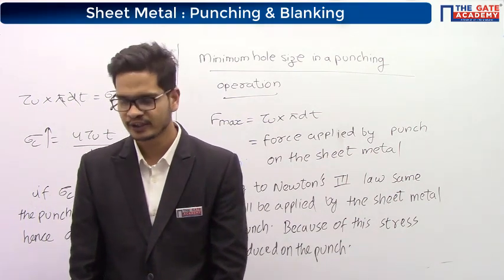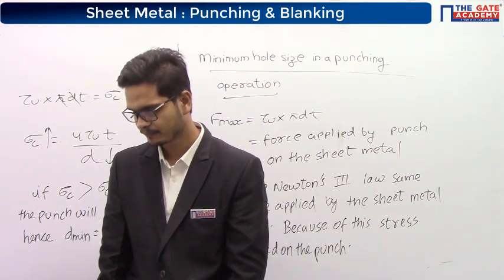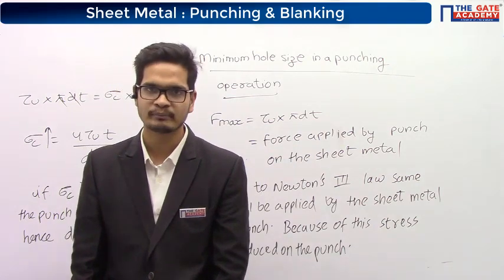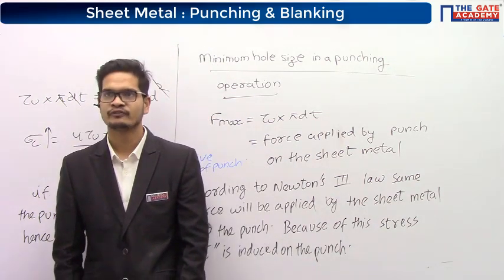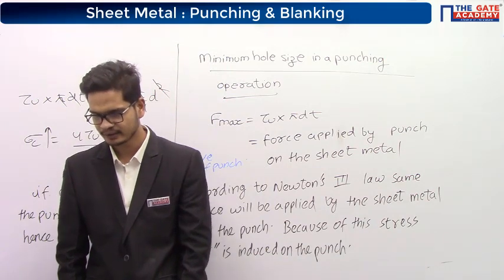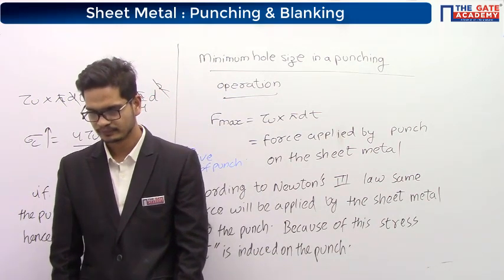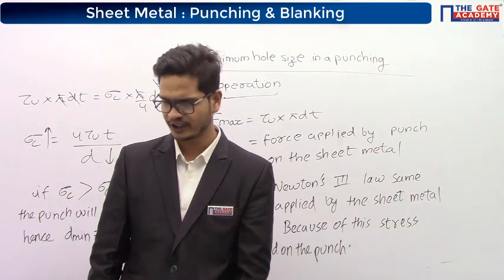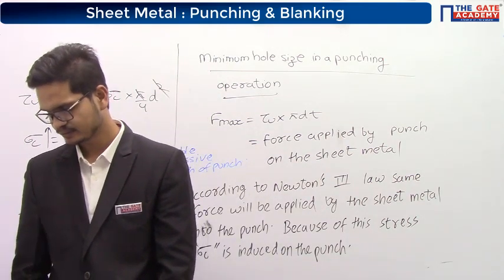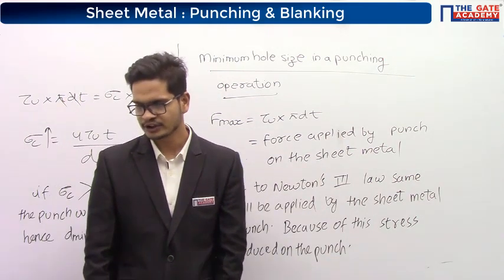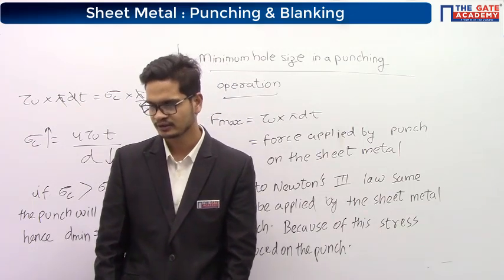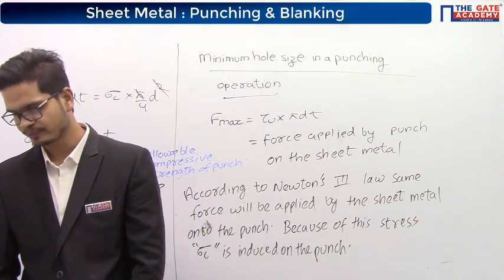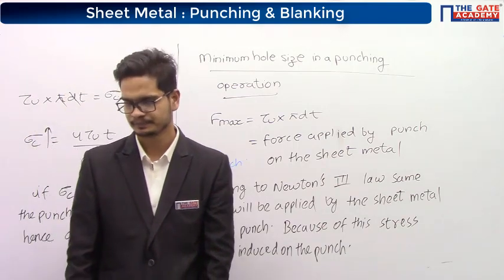Thickness of the sheet is 2 mm. Factor of safety is 3. The shear strength of the sheet metal is 500 megapascal.